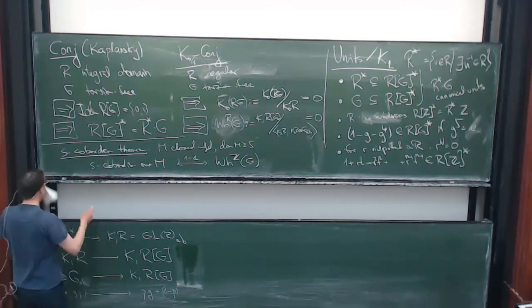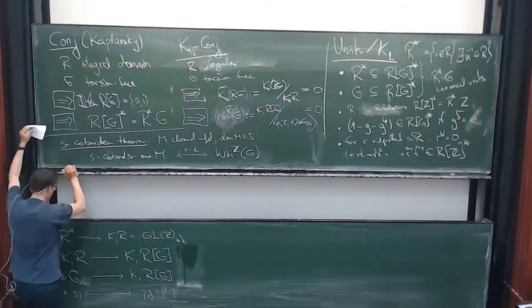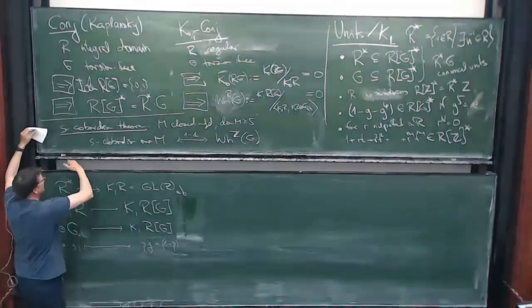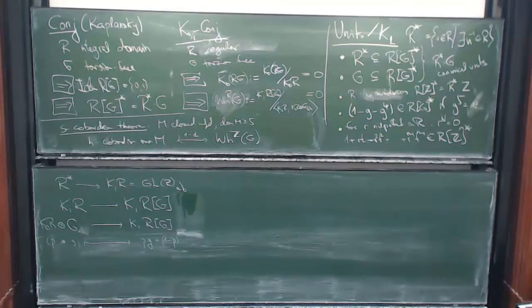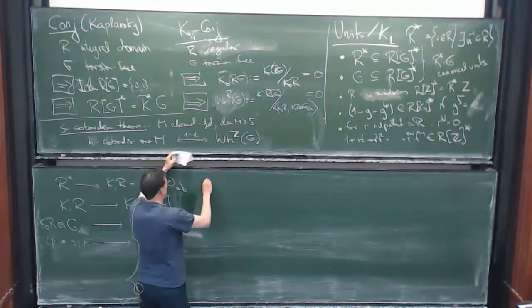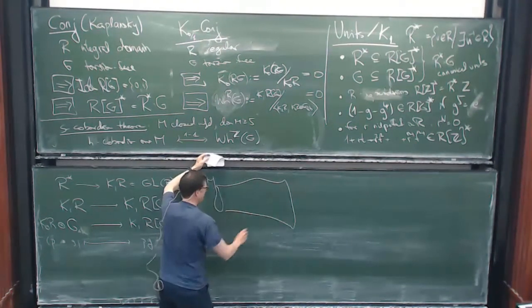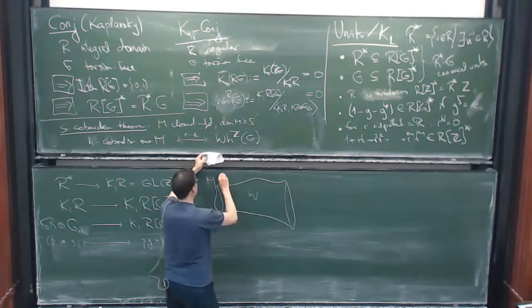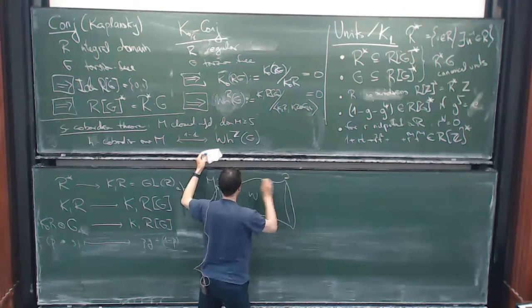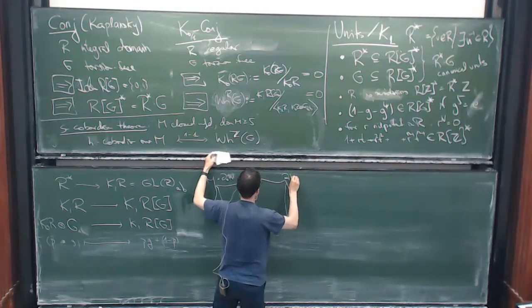An S cobordism is a manifold. Sorry, H cobordisms. An H cobordism over M is just a manifold which has two boundaries. One of them is M, the other is something else. Very good point.